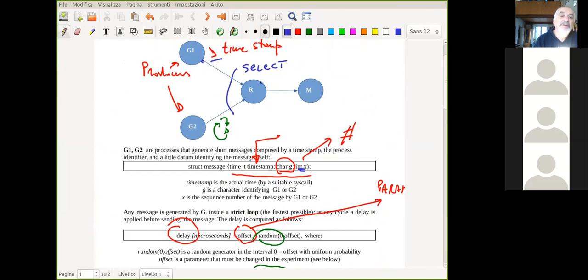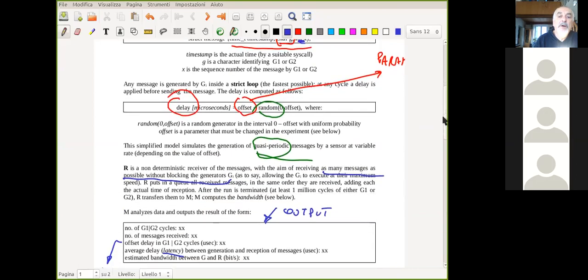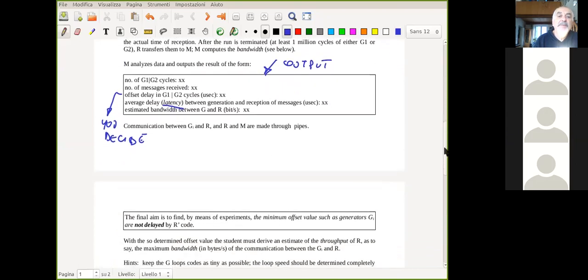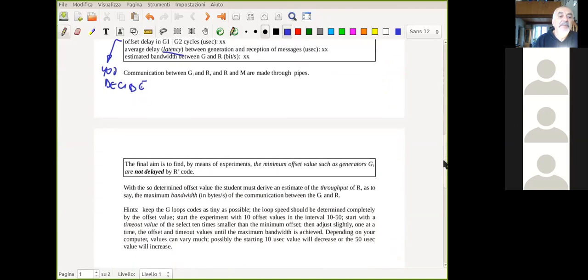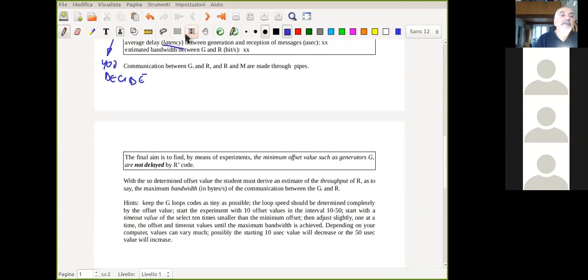So you have to ask the operating system the time and compare with the timestamp. So you will know how much time is needed to deliver the message. And that's the latency.